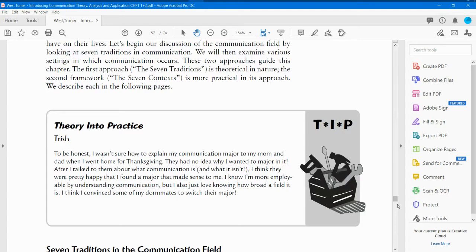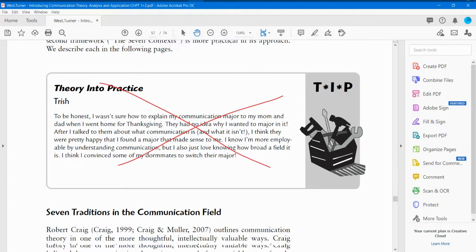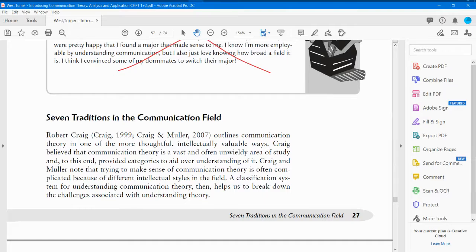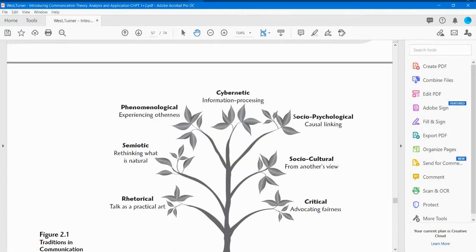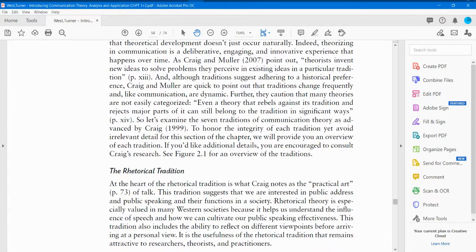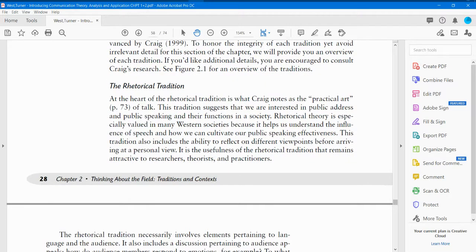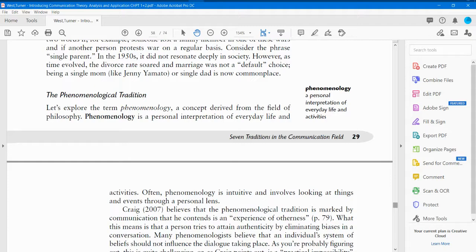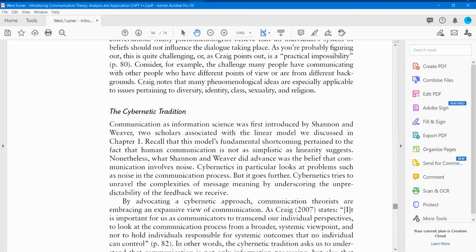We're interested in the theoretical part. Again, these tips and things, just ignore those sections and focus on, for example, the 7 traditions in the communication field. These are all self-explanatory. They will explain in detail what the rhetorical tradition is, and you can see it says practical art. And they usually give you a further explanation for each tradition. Okay, you'll need to know all of this.